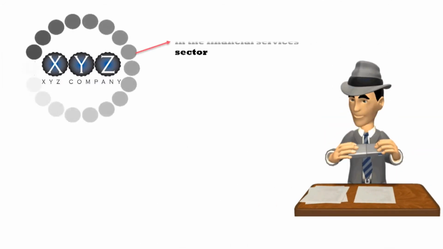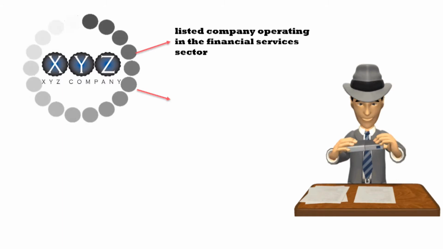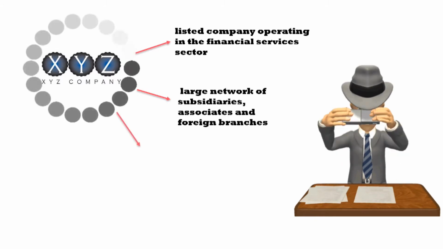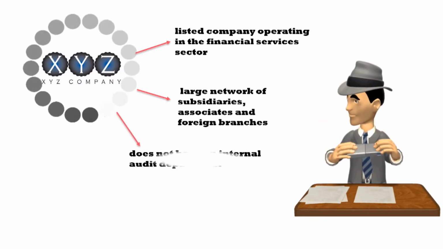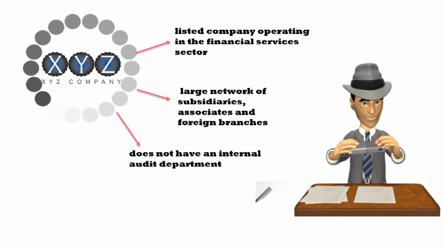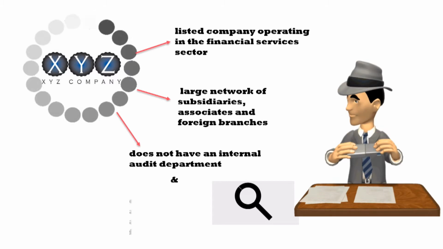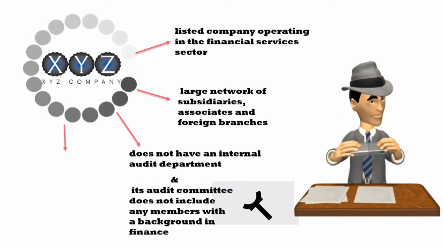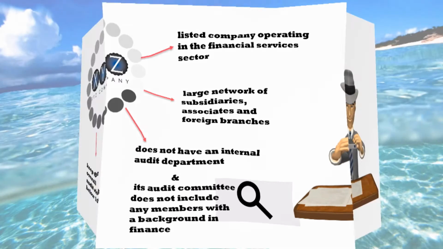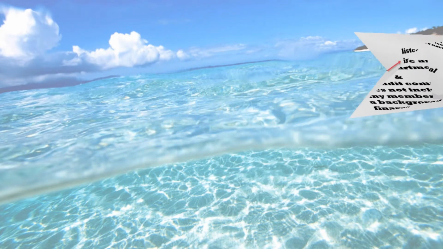XYZ has a large network of subsidiaries, associates and foreign branches. The company does not have an internal audit department, and its audit committee does not include any members with a background in finance. It is the firm's policy to keep the overall audit risk below 10%.